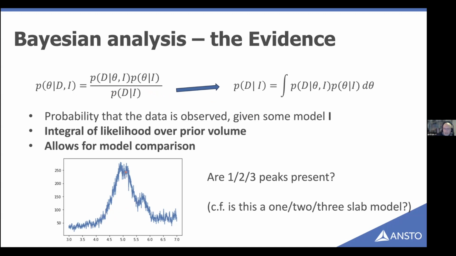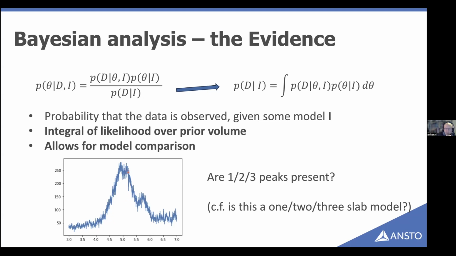We want to fit this with a Gaussian, but should you be using one Gaussian or two Gaussians or three Gaussians and so on? You might say that's relatively easy. We know there's at least one peak. It's definitely not no peaks. One peak would be a lot more probable. Because we see the shoulder on the right-hand side, we might say that two is even better, but is there a third one here? This model comparison allows you to quantify this.